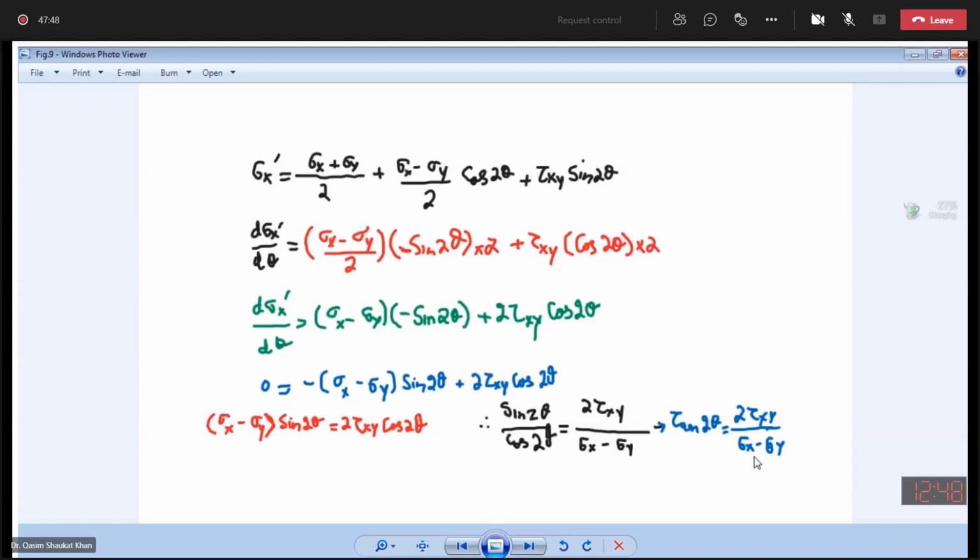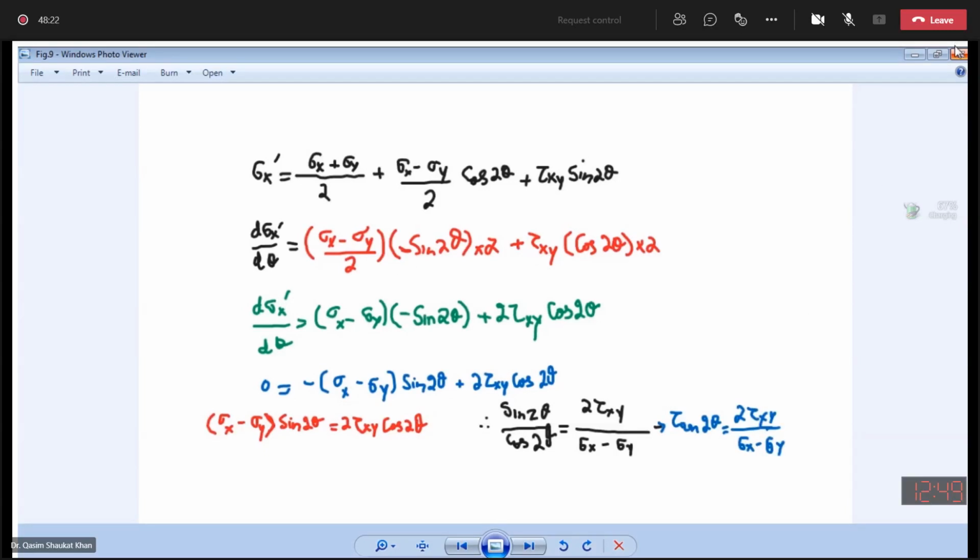You can note down one more thing, that we can calculate the orientation of the principal planes, over which we will get the maximum and minimum values of the normal stresses, the principal stresses, as a function of the normal stresses sigma x, sigma y, and the shear stress tau xy. These are the plane stress state stresses, normal and shear stresses.